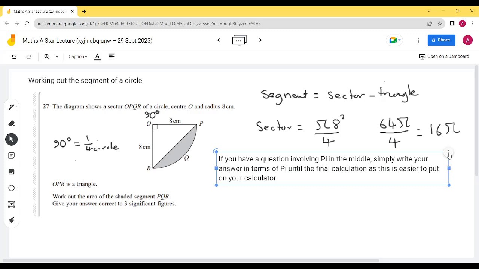As 16 pi, if you worked it out as a number, would be 50.26548246. So you don't have to type that in. It's just a lot easier to type 16 pi.